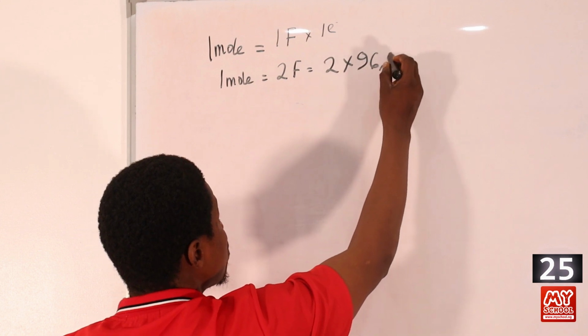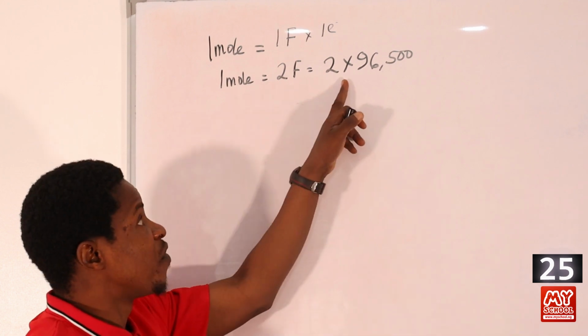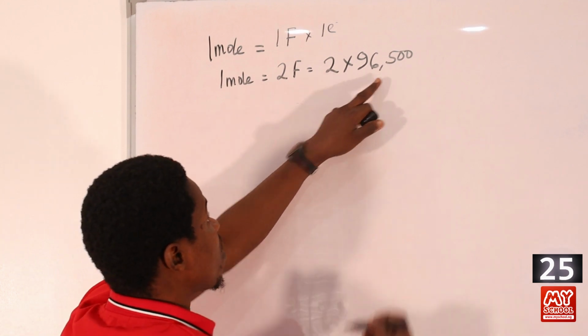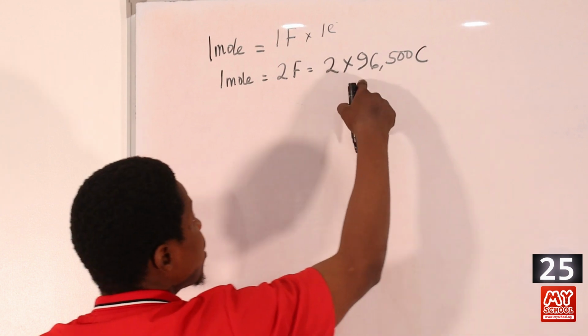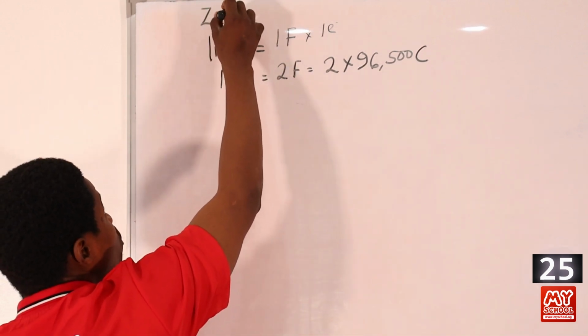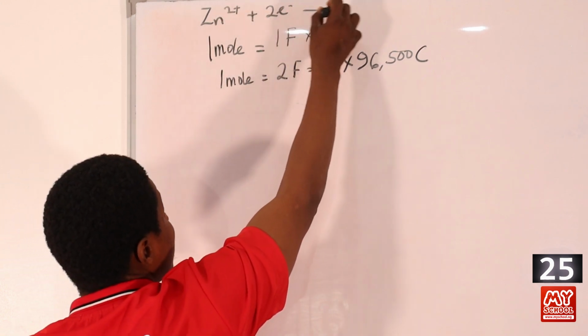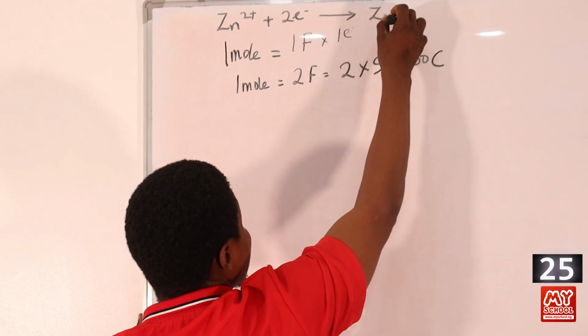So that's 2 times 1 Faraday, which we're told is given as 96,500. So 1 mole is supposed to give us 2 times 96,500 coulomb. That is what it should be with the equation Zn2+ plus 2 electrons gives us solid zinc.